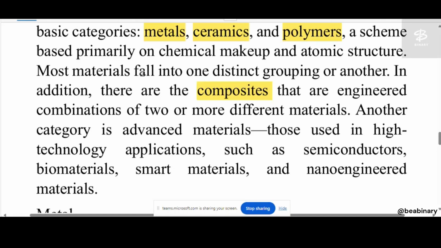This is a very common example I have taken, though lots of other man-made materials are present in the market. This is the world of composites right now.